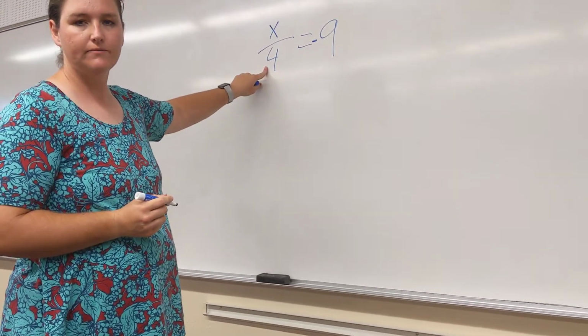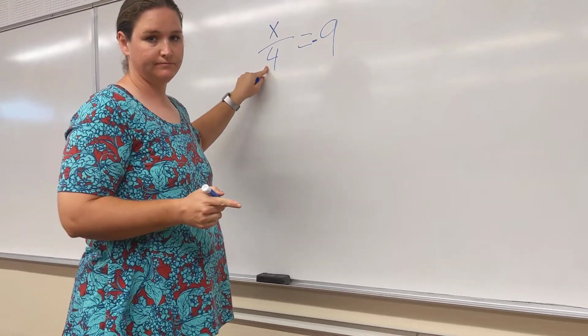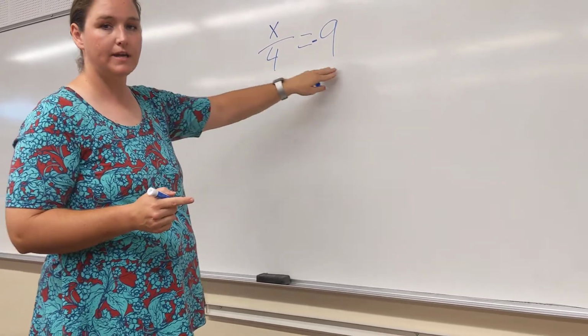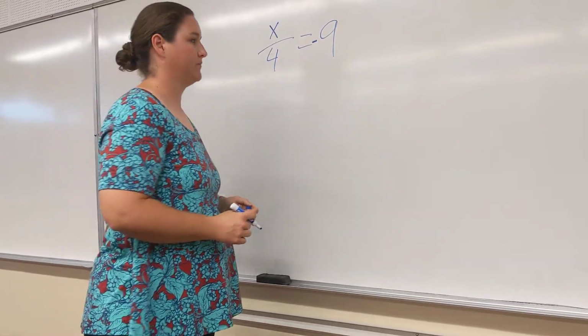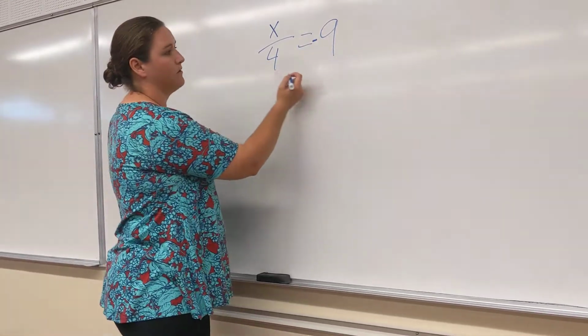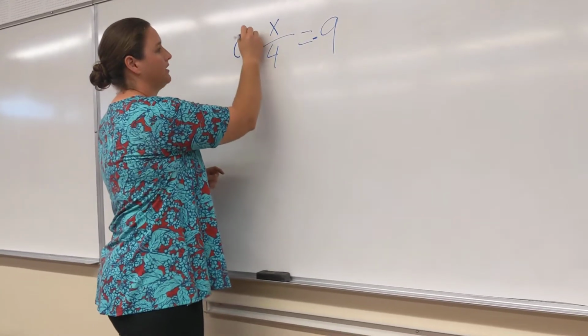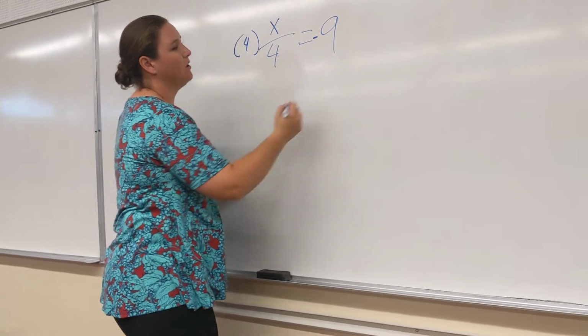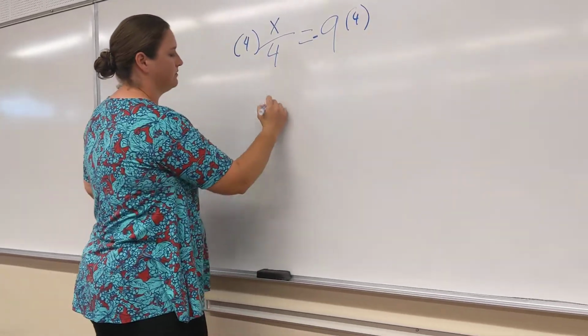What is the inverse operation for division? See if you guys can figure this out real fast, okay? Pause and then come back. Okay, hopefully you paused it. Now, our inverse of division is multiplying. So we're going to multiply both sides by 4.